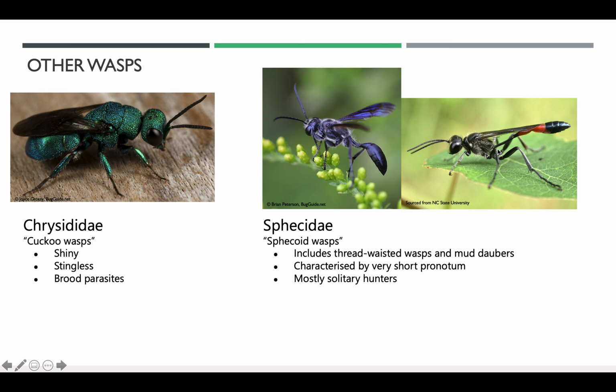It's almost like a needle connected to the thorax, and that's why some of them are called thread-waisted wasps. These are also solitary hunters, whereas cuckoo parasites, as their name would suggest, are brood parasites. They'll go in and lay their eggs around some other social insect, and those social insects will raise them as their own.